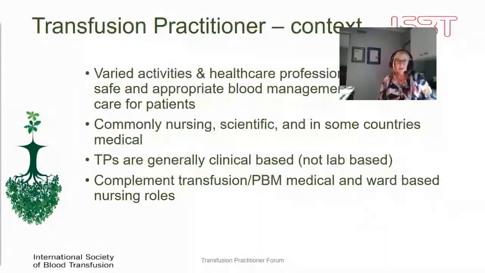There's significant variation in the staff specialties that fulfil the role. Some of the common terms that you might hear around the different countries are transfusion nurse, transfusion safety officer, quality officer, or a haemovigilance officer or haemovigilance nurse, transfusion nurse consultant, patient blood management coordinator, or a blood management nurse.